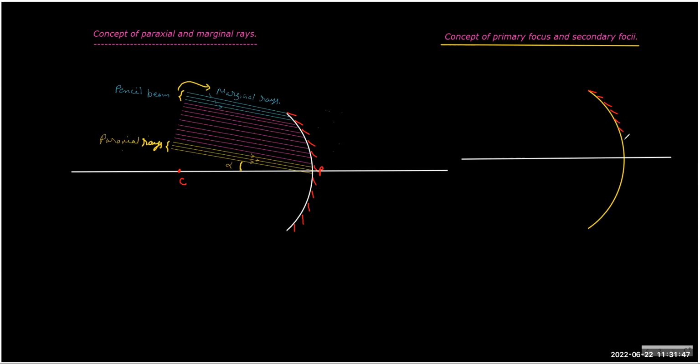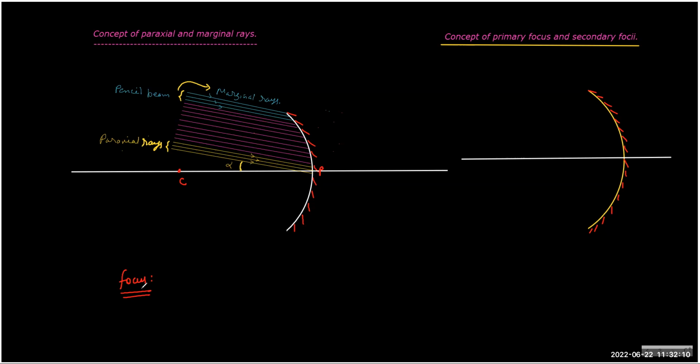So focus is something that we don't define geometrically, we define optically. So focus comes through the definition. So what exactly is focus? So far, everything we defined was purely a geometrical construct.